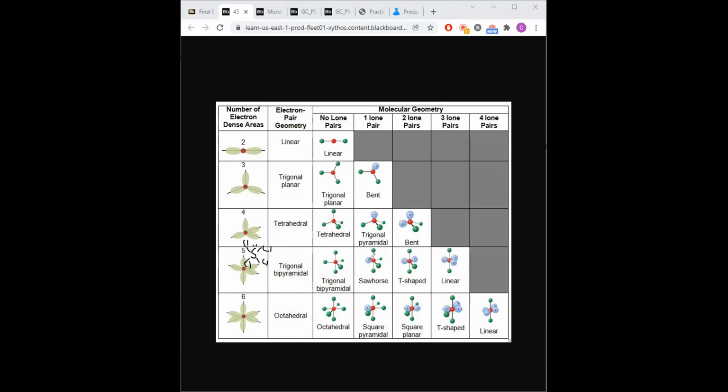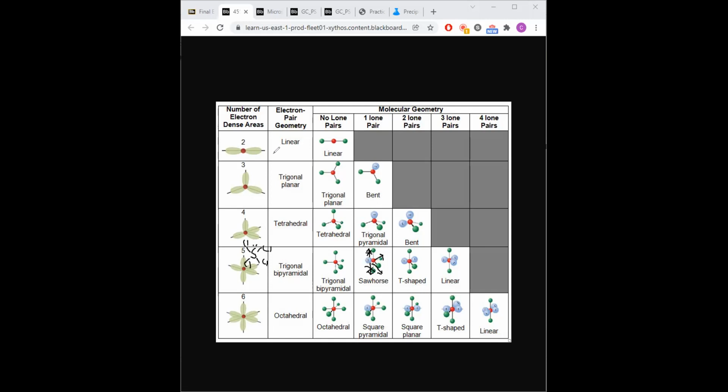What that means is that you have a chlorine going in this direction and a chlorine going in this direction, so they cancel out because they point in opposite directions. But then you have a chlorine going down here and a chlorine going over here. Again, these don't cancel out. So SCl4 is polar. And that's what you really need to do for polar and nonpolar. One, determine if there are polar bonds.